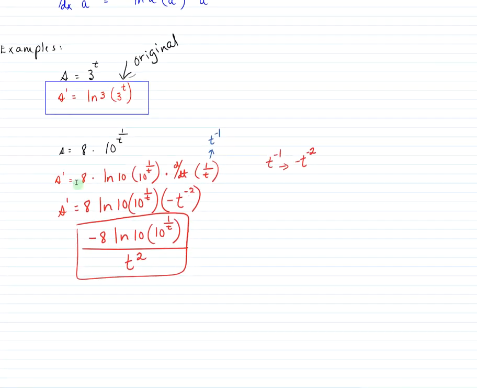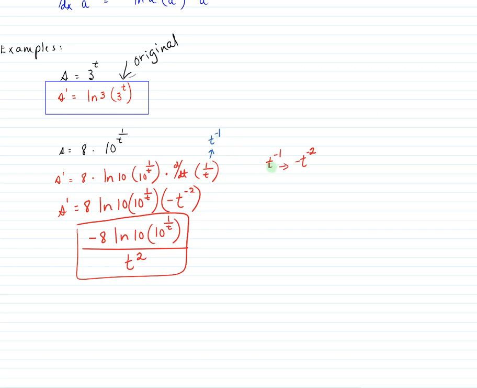Now, if we have S equals 8 times 10 to the 1 over t. Okay, so we've got 8 times ln 10 times the original 10 to the 1 over t times the derivative of 1 over t. And you want to think of or rewrite that 1 over t as t to the negative 1.